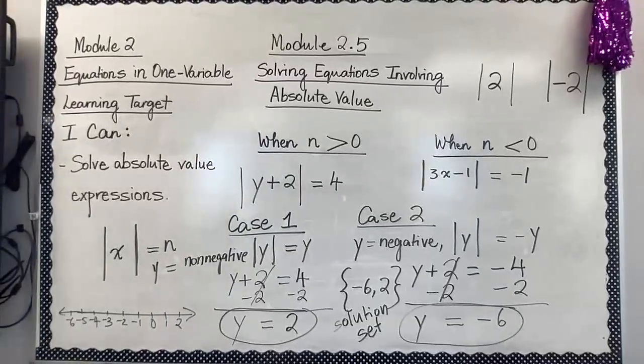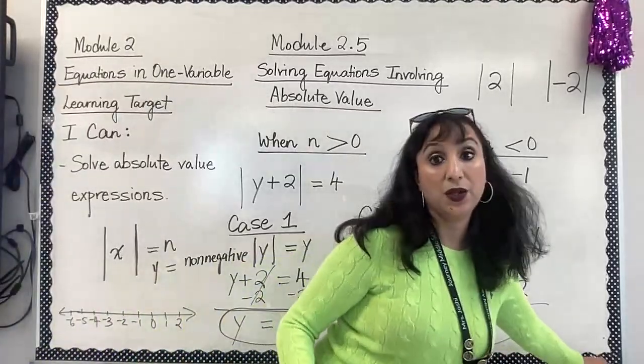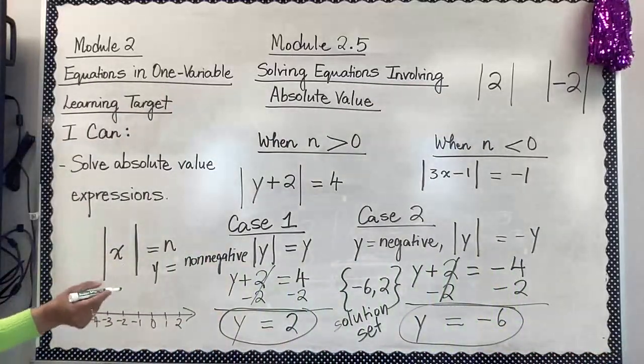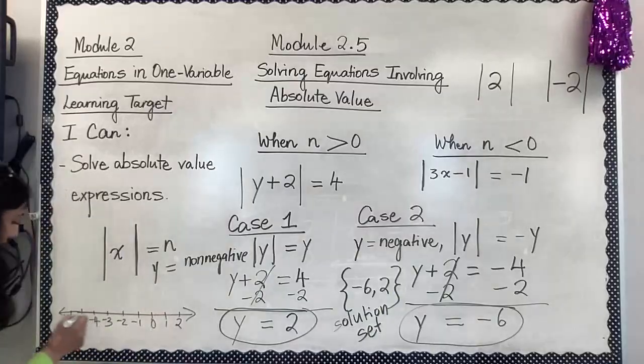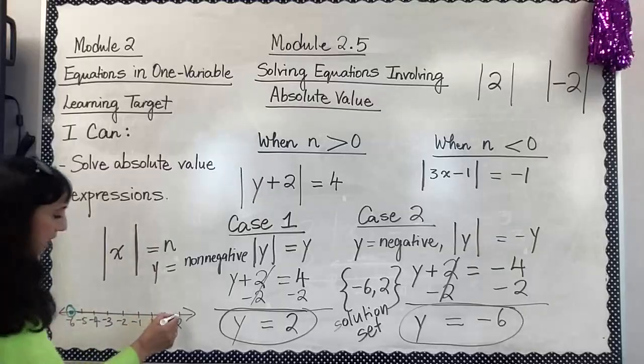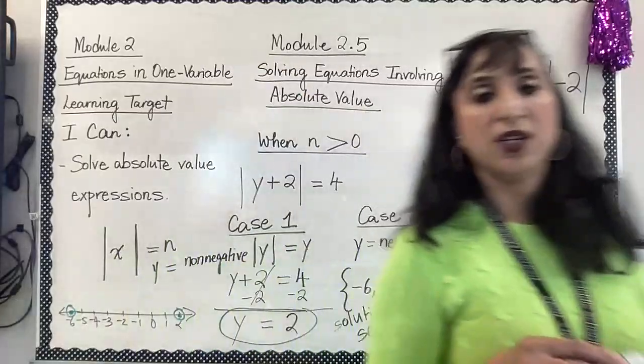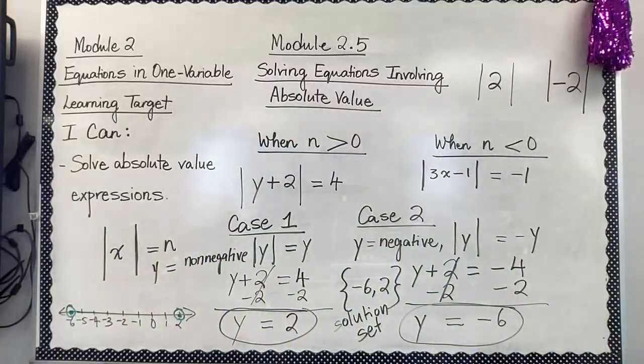And if I am graphing it over here, let me use a different color so you can see. My solutions are y is equal to -6 and y is equal to 2. So we are going to graph points at -6 and 2 on the number line.